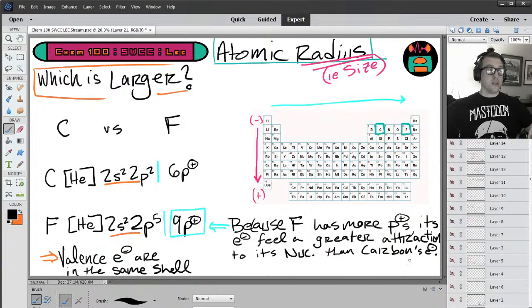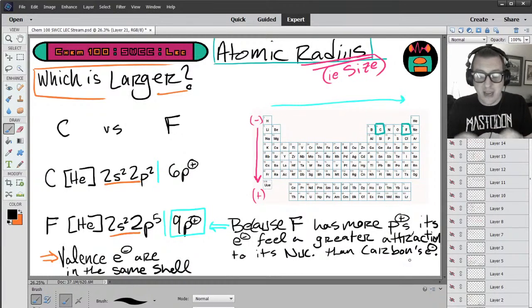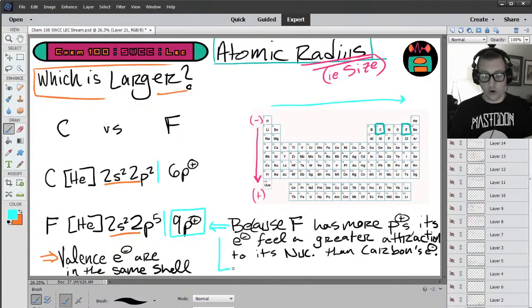All right, because there's 9 protons in the nucleus of fluorine, the electrons of fluorine feel a greater attraction and they squeeze in just a little tighter than carbon's do because there's more positive charge. There's greater attraction. They squeeze in a little bit more, and this makes fluorine slightly smaller than carbon.